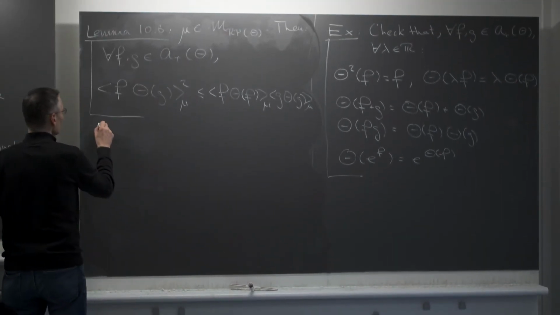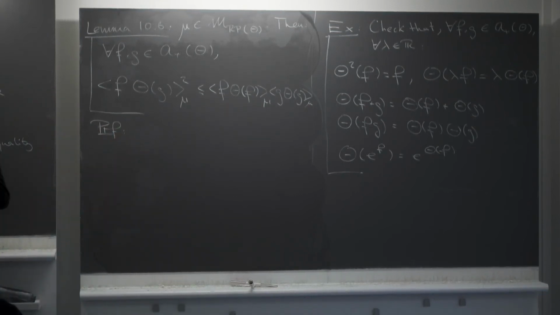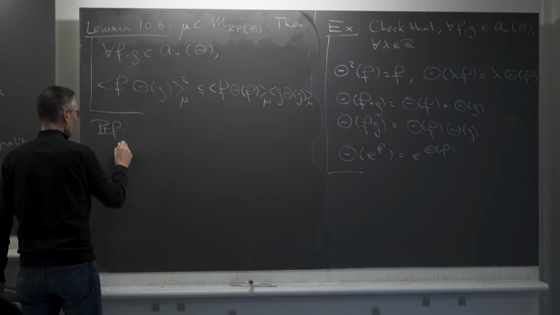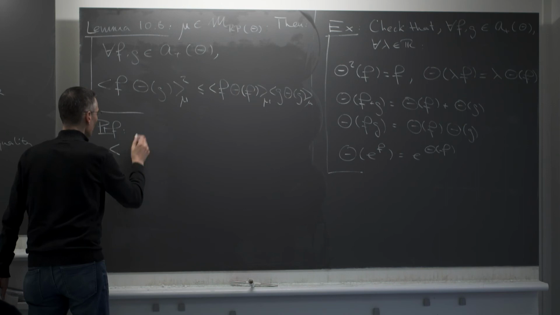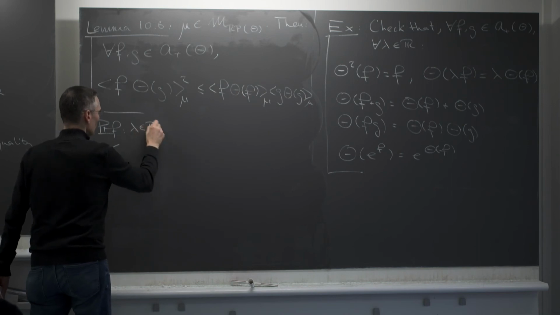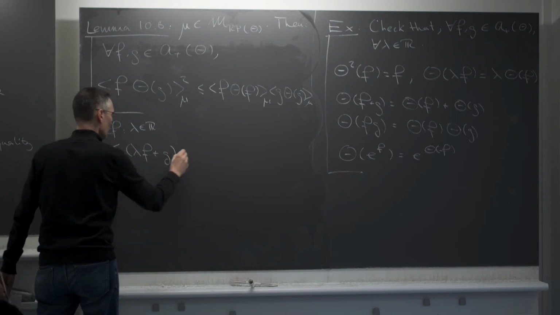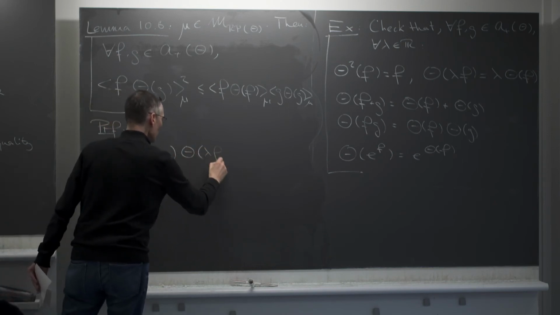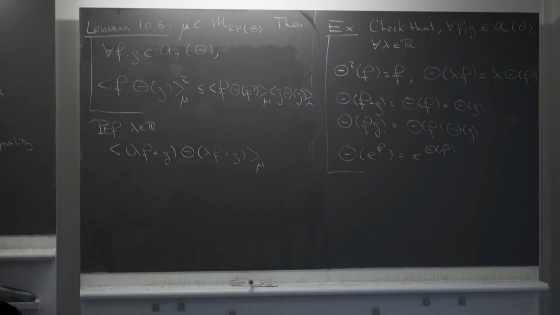So let's prove this. The usual argument: we just look at the expected value of, say, lambda f plus g, with lambda a fixed real number, times theta of lambda f plus g, under mu.